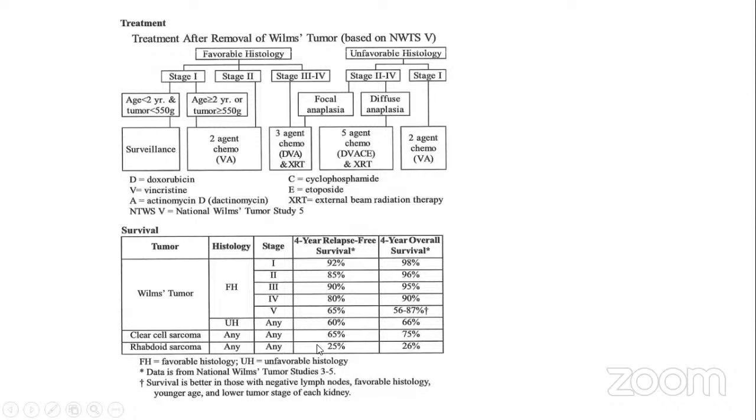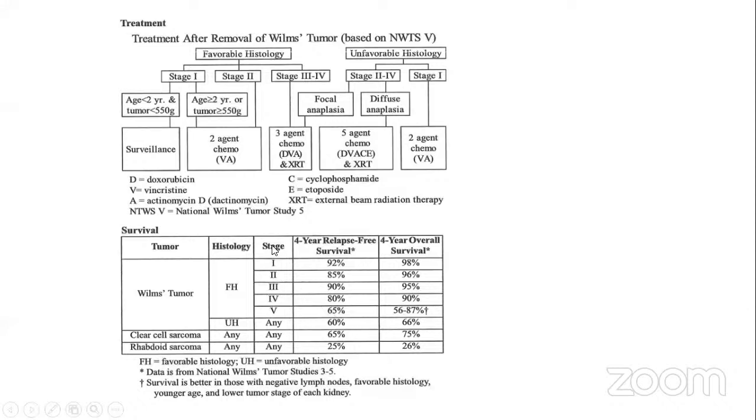If the patient has a rhabdoid sarcoma, any stage and any histology, it is 25% free survival and overall 26%, as we mentioned previously.